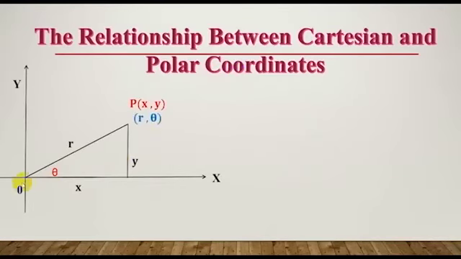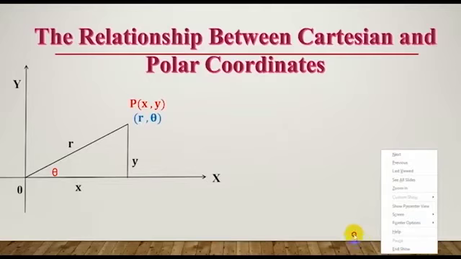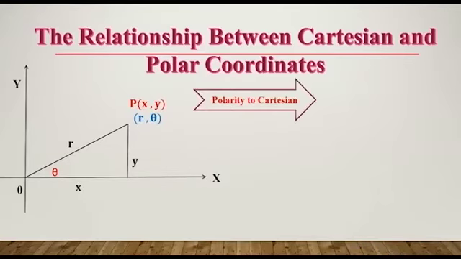We have x-axis, y-axis, and if we move x distance and y distance, we will get P of x and y. So that means we have P either as r and theta or as x and y.